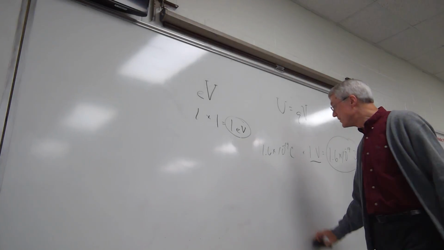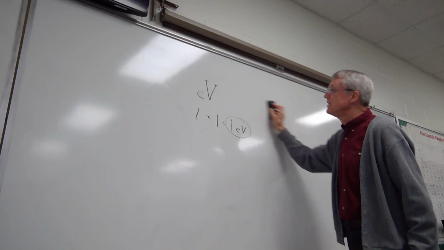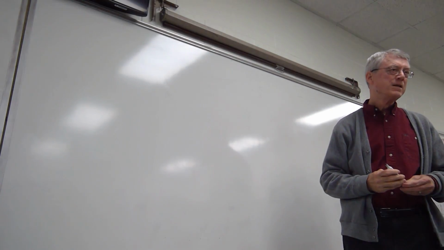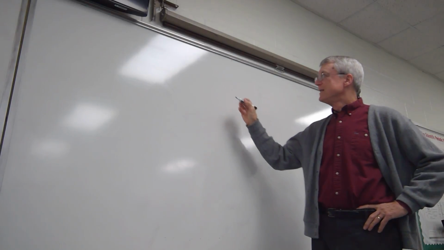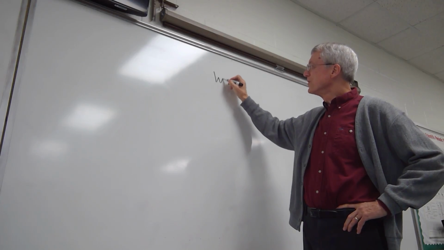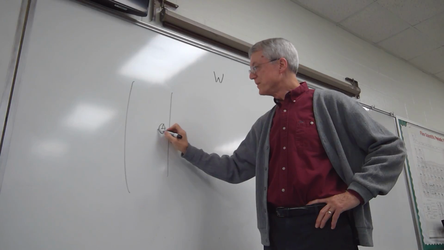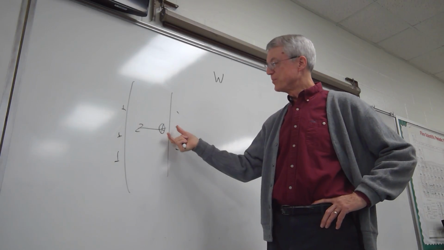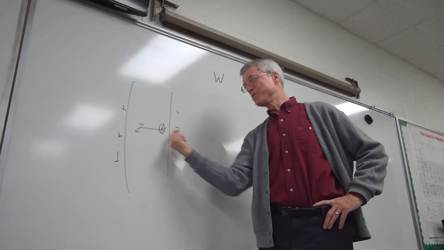Now, let's move on to deriving some more equations that we can use for U and for V. I told you that the amount of work you do pushing the particle from here to there, back to this example, pushing the particle to the left would take work because the field is pushing it to the right.